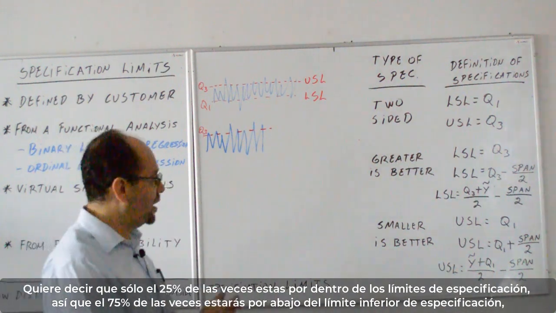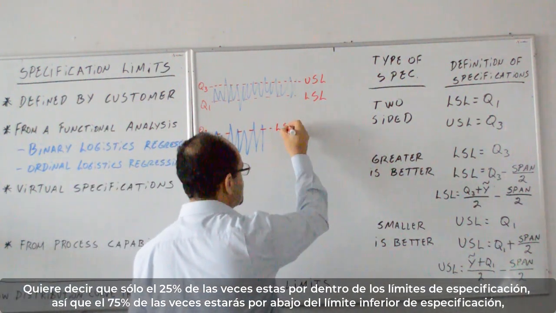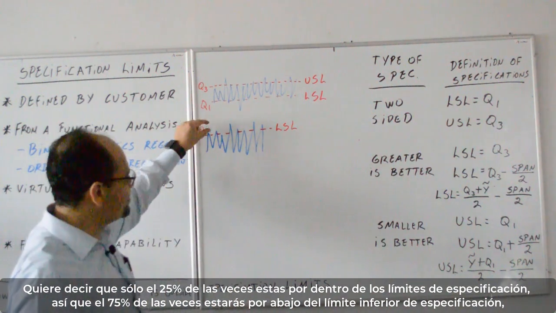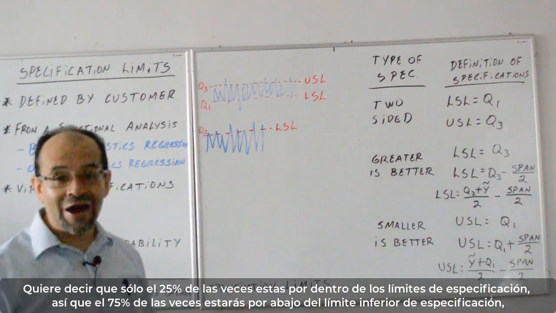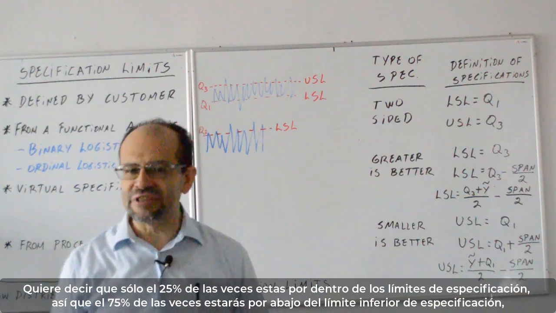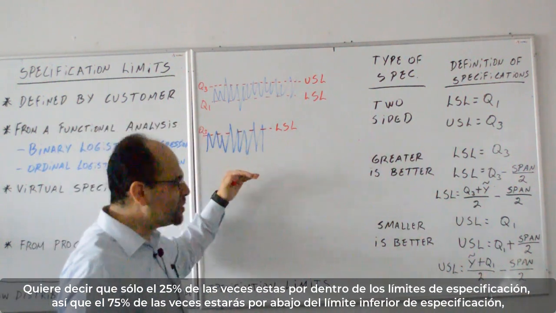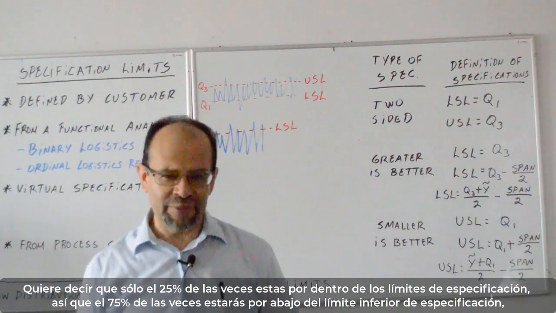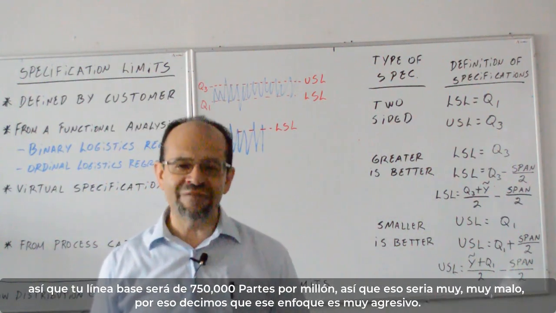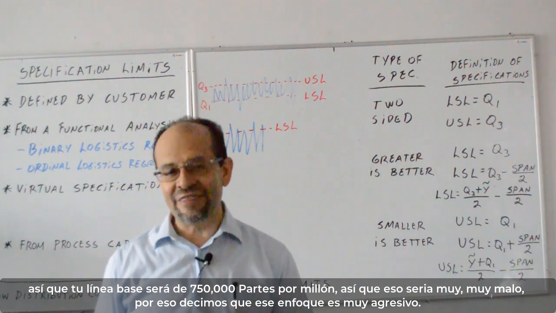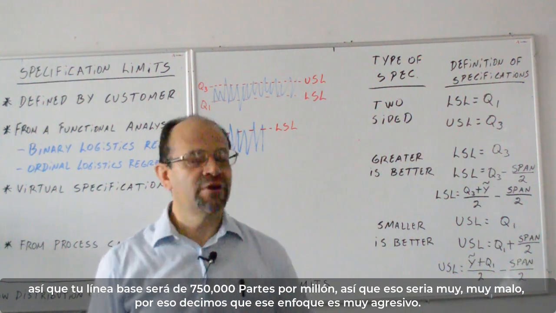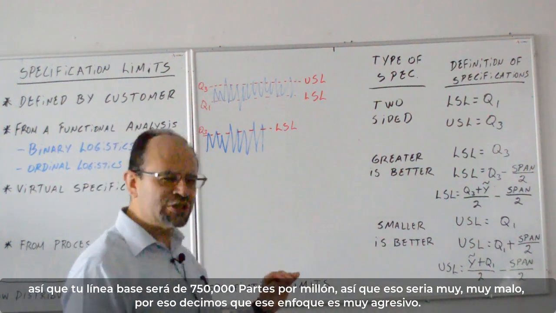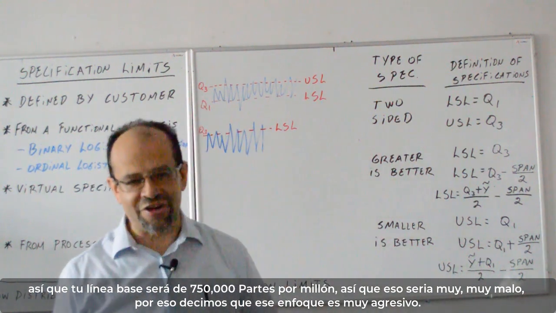That means that, and by the way, that's going to be your lower specification limit, only 25% of the times you are inside the specification limits. So 75% of the times you will be below the lower specification limit, so your baseline will be 750,000 parts per million. So that's really, really bad, very bad. And that's why we say that that approach is very aggressive.